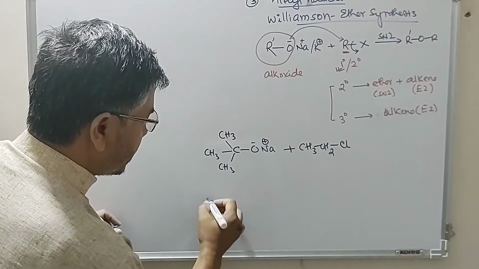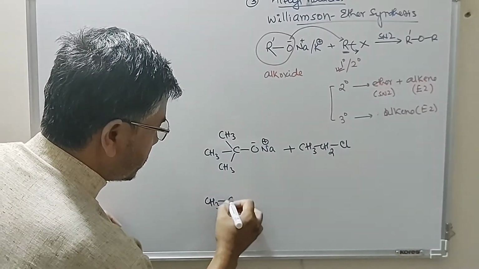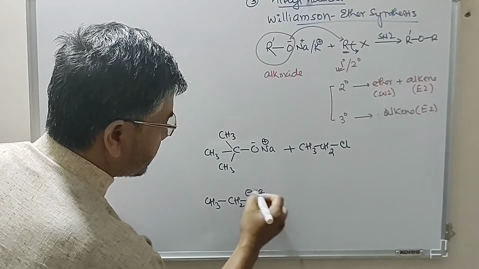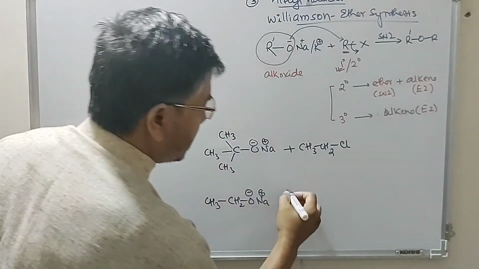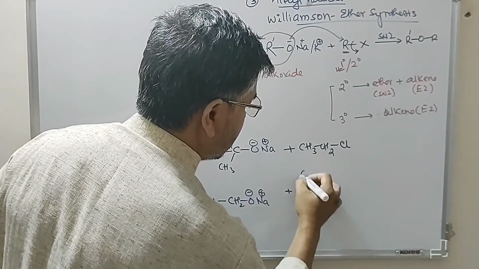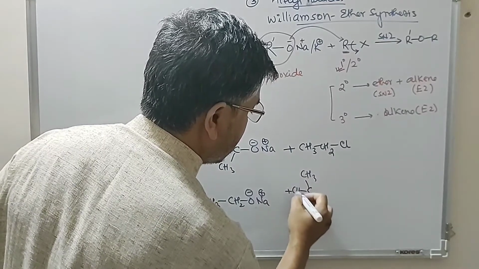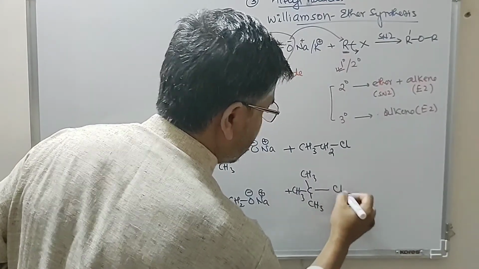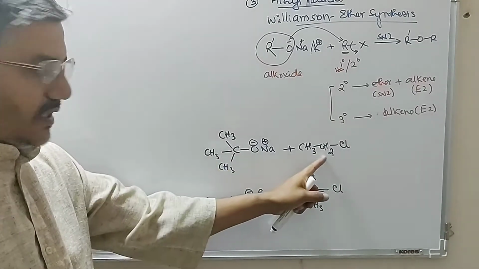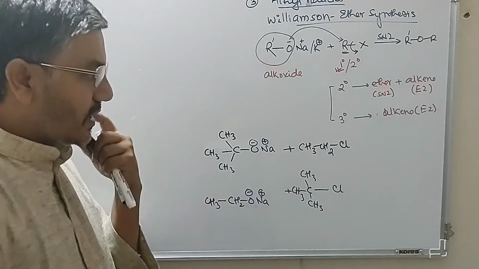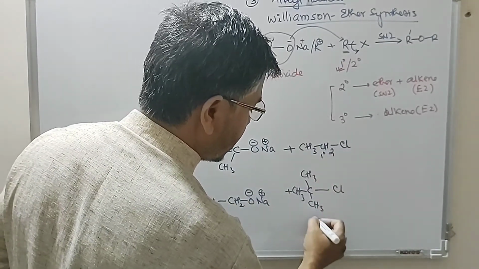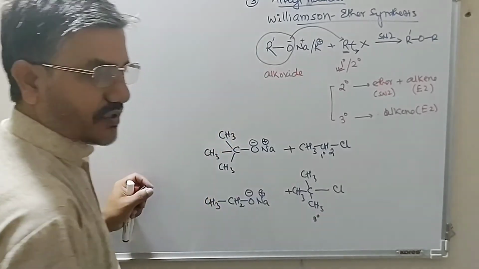Or the second combination is we have CH3CH2O minus Na plus, which reacts with a tertiary alkyl halide. Alkoxide, alkyl halide. The difference is, in the first case the alkyl halide is primary, in the second case the alkyl halide is tertiary.